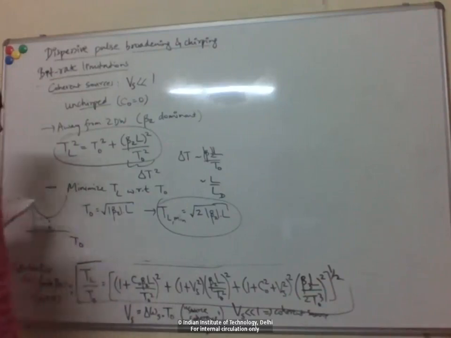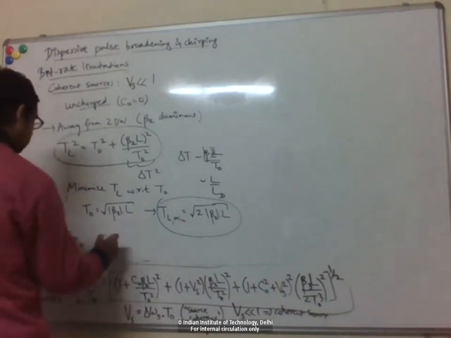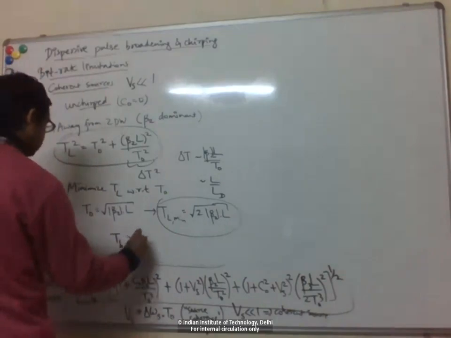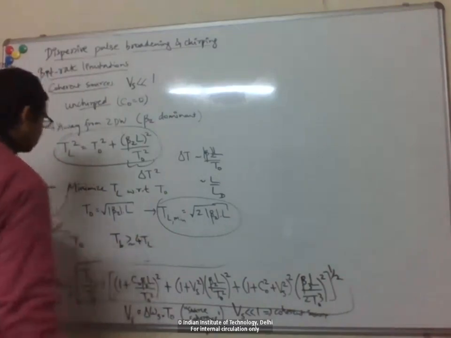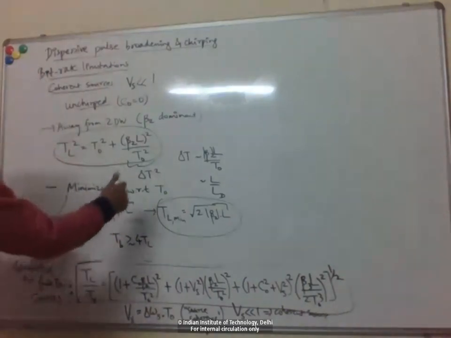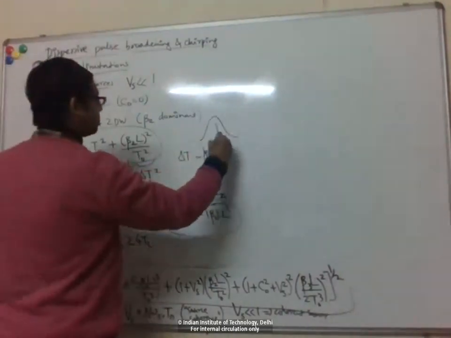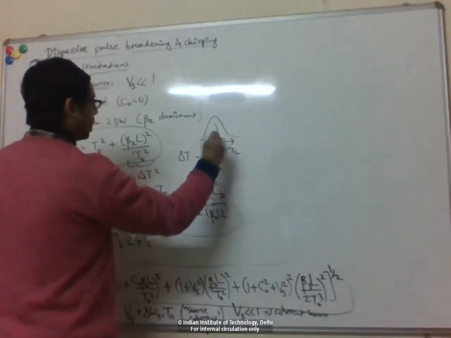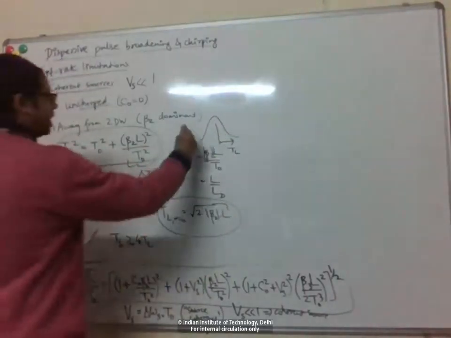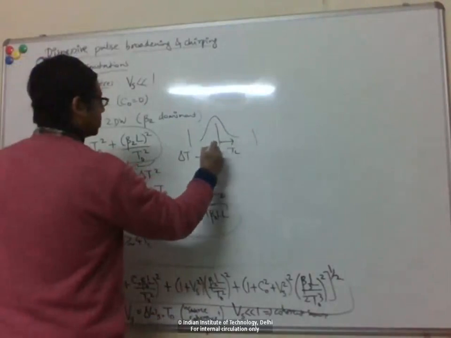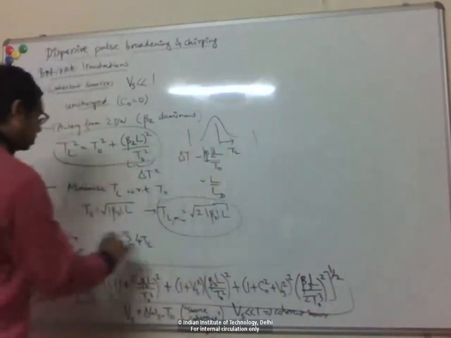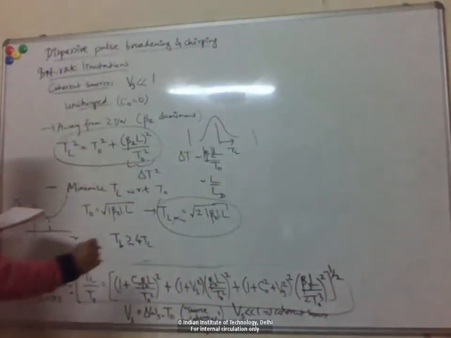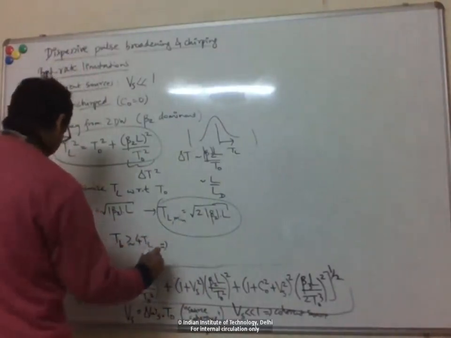And again, if I say that my bit period has to be at least 4 times the received TL, remember TL is like a half width. We're defining Gaussian pulses here, e to the minus t square over TL square, so TL is like the half width. Typically we keep the bit period at 4 times this TL.